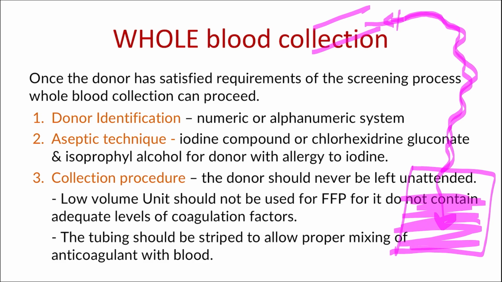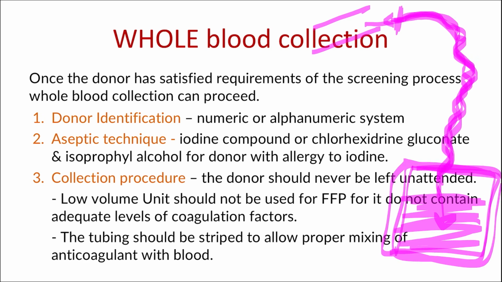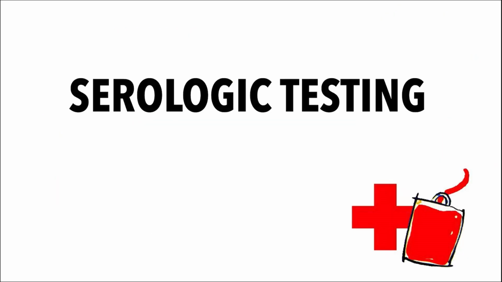So you will strip the tubing from this point down to the last part of the pilot tube to make sure that the blood that is staying here will be mixed with the anticoagulant contained in the blood bag. So that is what is meant by the tubings should be stripped. We have devices in the laboratory or some clips that we can use to strip the tubings in order to mix the blood with the anticoagulant in the blood bag.